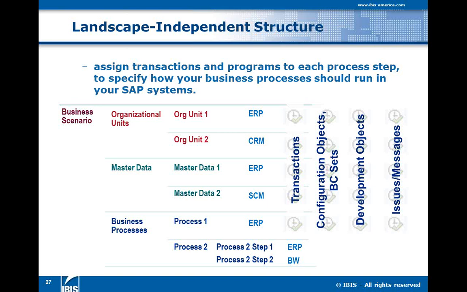You can build this structure to support you with visibility no matter where those structure nodes exist in your landscape. So this is very powerful for you to get to a complete understanding of how those systems are supporting processes in your organization.